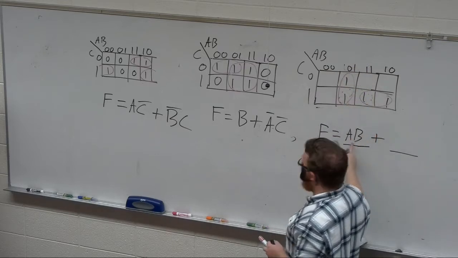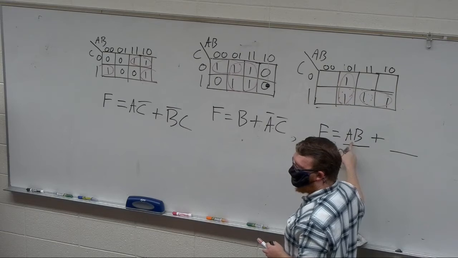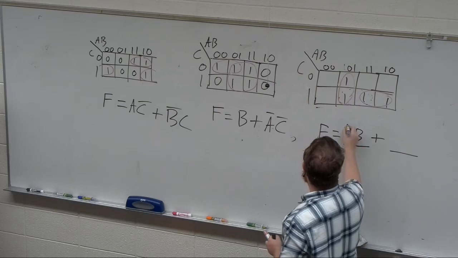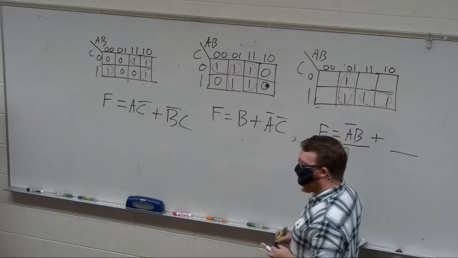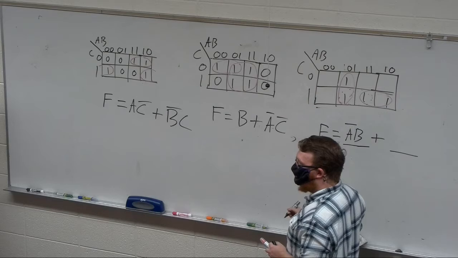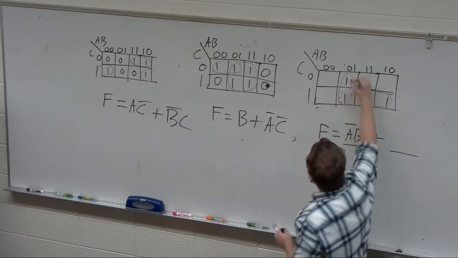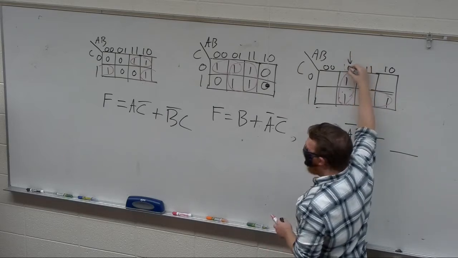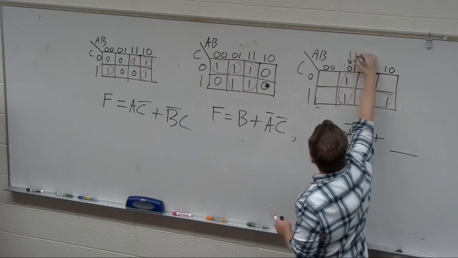Now, does either one of these have a bar? A bar. Do you understand why? Because in this column, A is not A, default, and B is 1.